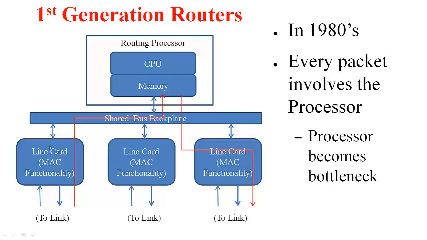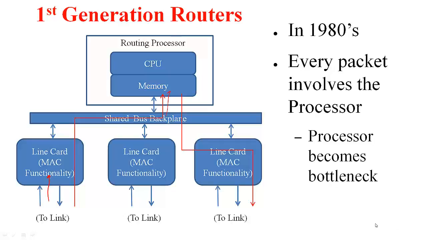Now every packet that is received goes through this bus to the memory for further processing. As you can see, in this case the processor is involved in the processing of every packet and thereby becomes the bottleneck. If you convert your desktop into a router, for example, this is how the packets will be routed. But this is too slow for regular routing.